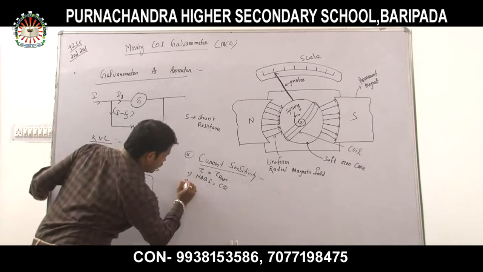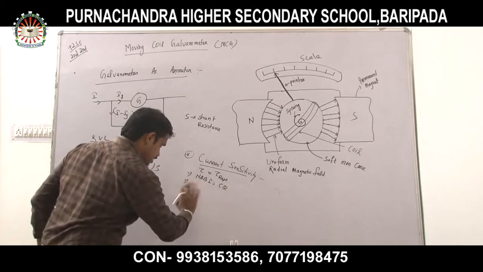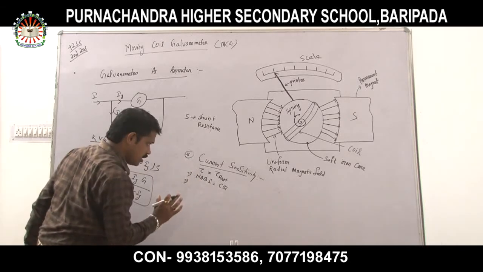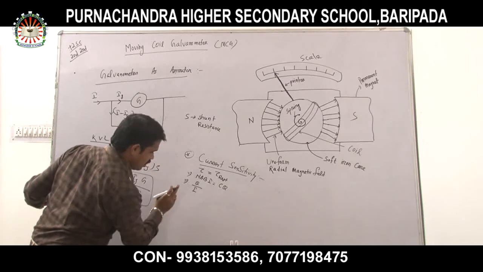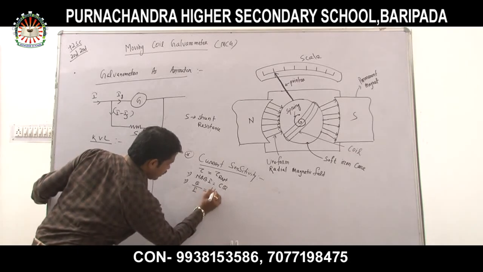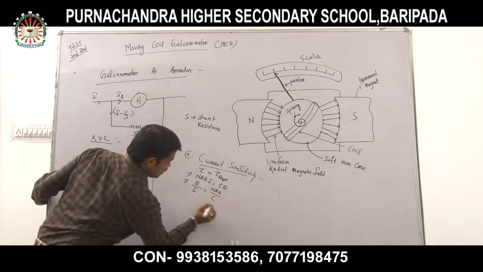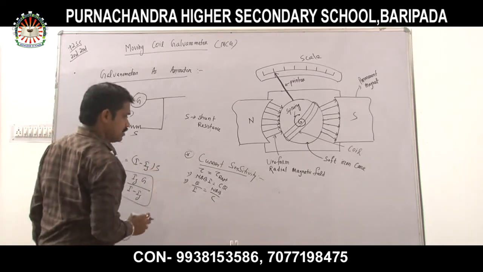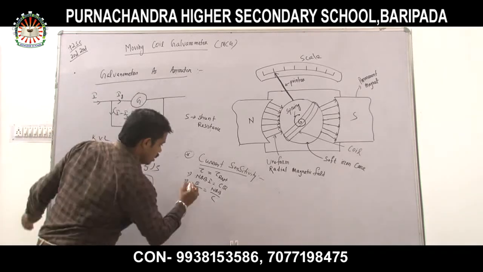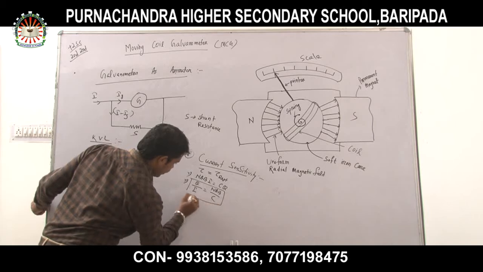Simply. So from this we will now modify a thing. Now theta divided by I. Look very carefully. Theta divided by I can be written as NAB divided by C. Theta divided by I is equal to NAB divided by C. So this is what I have written here.